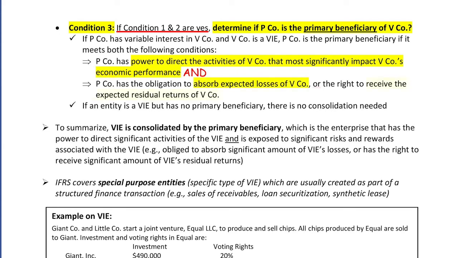Underline or and highlight receives the expected residual returns of V company. And then highlight to summarize, VIE is consolidated by the primary beneficiary, which is the enterprise that is exposed to the majority of the risks and rewards associated with the VIE or the variable interest entity.